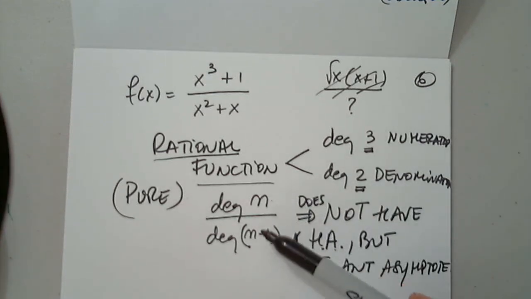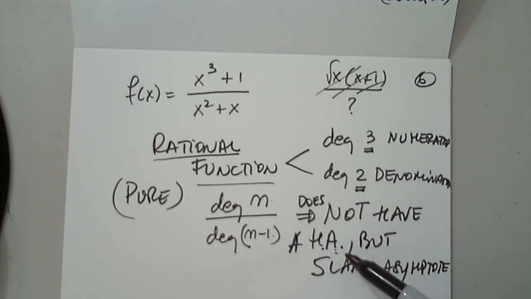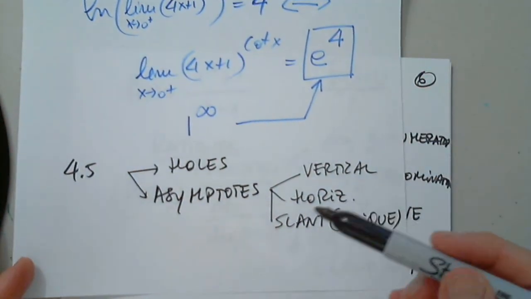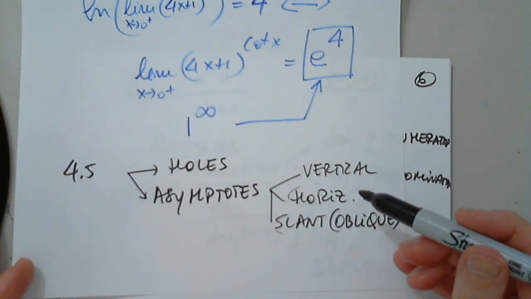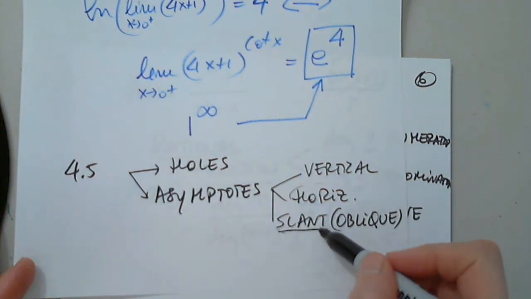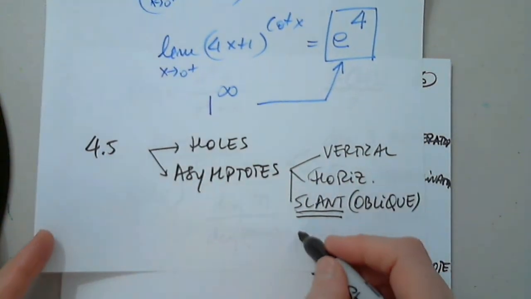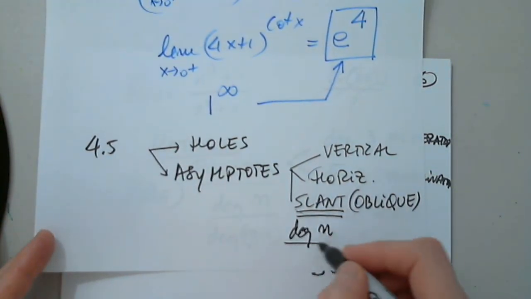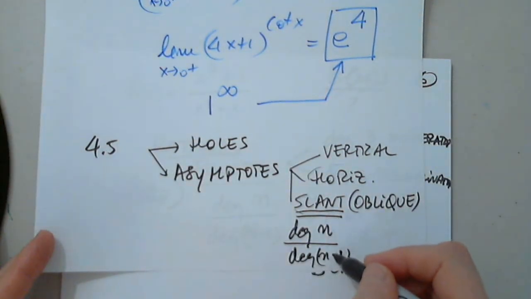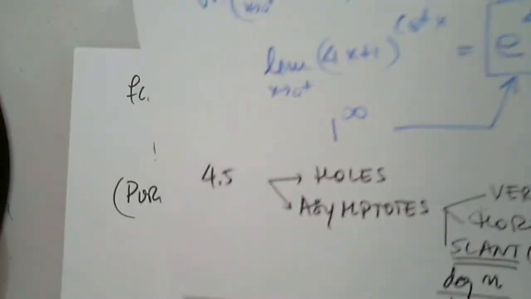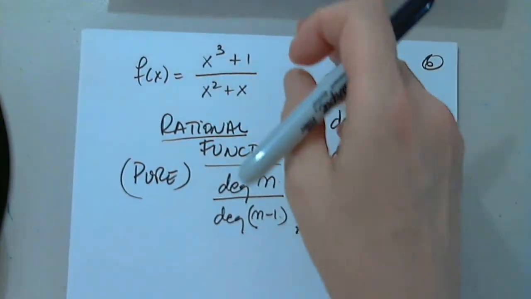Degree 3, degree 2, no horizontal but slant. Of course, you may still have vertical, but no horizontal. So there is no rational function that has horizontal and slant at the same time, either or. And the only one with slant is the one with degree n and degree n minus 1 in the denominator, exactly by 1. Okay, so here's an example.